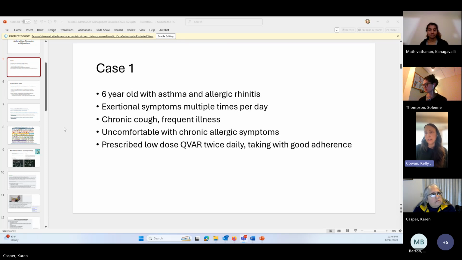So this is a 6-year-old, and with a lot of training, often they can use the breath actuated QVAR device, but for some kids it's really challenging and they can't always get the hang of it. So developmentally, we look at where that child is at and how they handle that concept and technique, and their supervision with the medication. The other thing they were doing with the QVAR that you can't do is inserting it into a spacer.